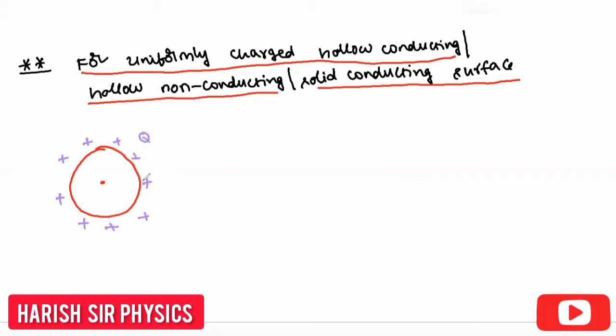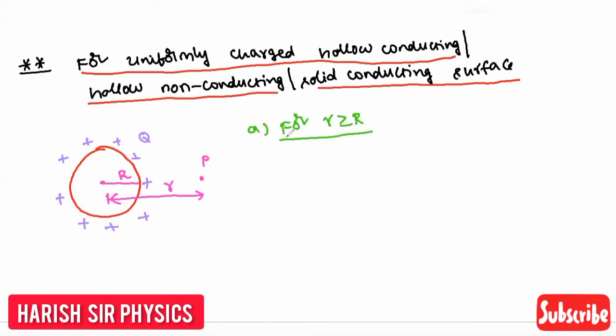This is the radius R. Suppose a point P is at a distance r, so that means it lies outside, with the condition r greater than or equal to R. The electric field outside, E out, is equal to K into Q divided by r square.